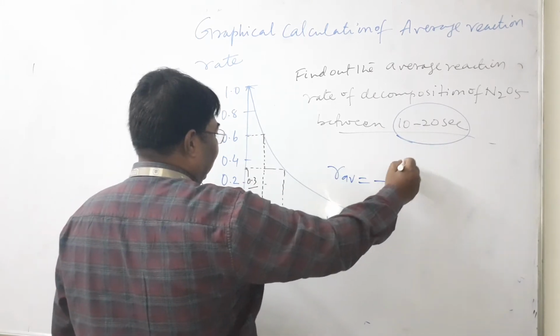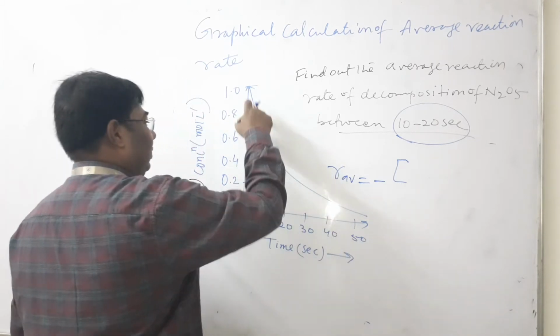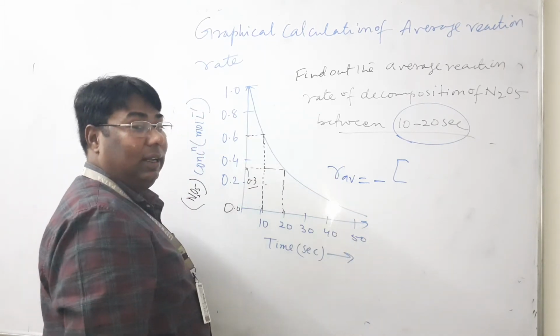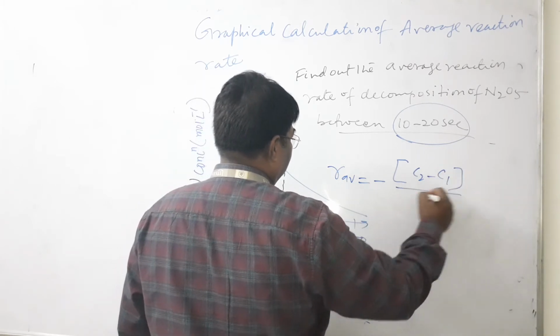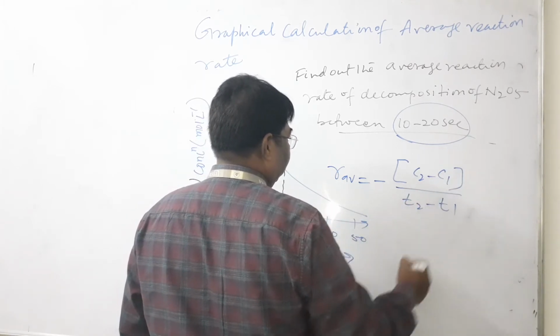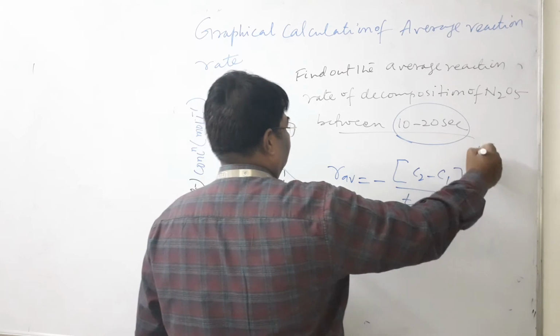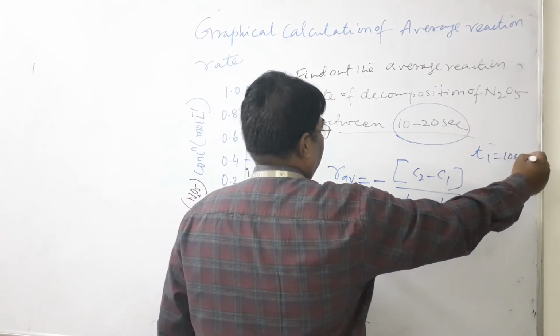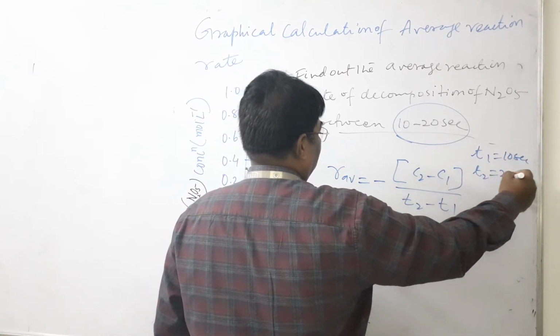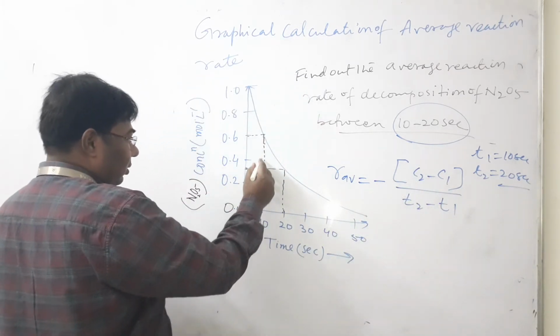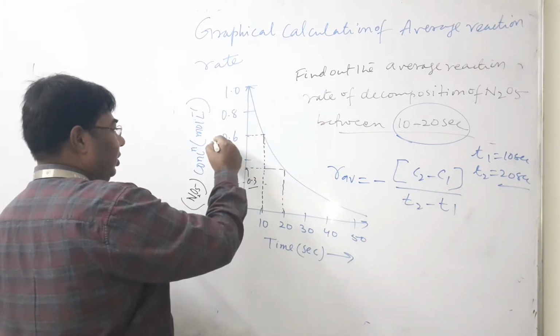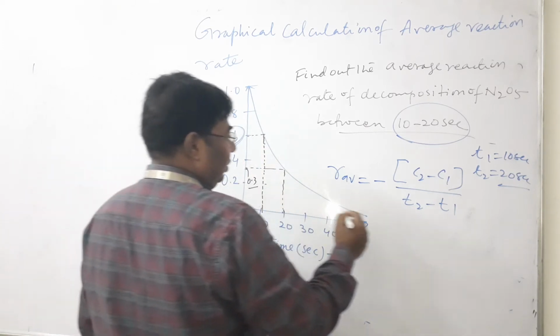r_av is equal to minus, because it is the graph of the reactant, so minus sign, (C2 minus C1) by (T2 minus T1). In this case, T1 is 10 seconds and T2 is 20 seconds, and at 10 seconds the concentration is 0.60.